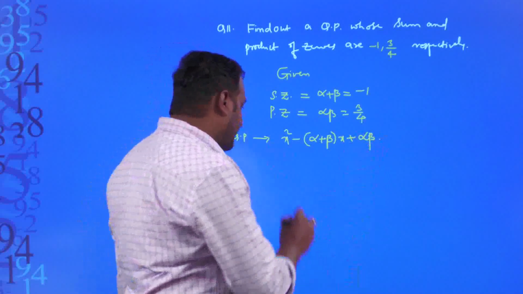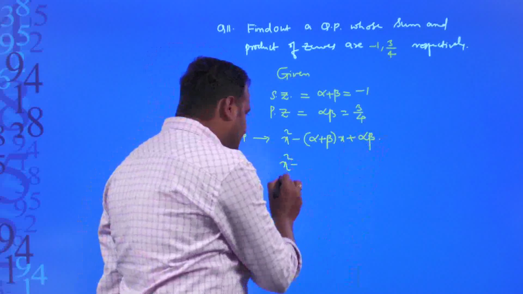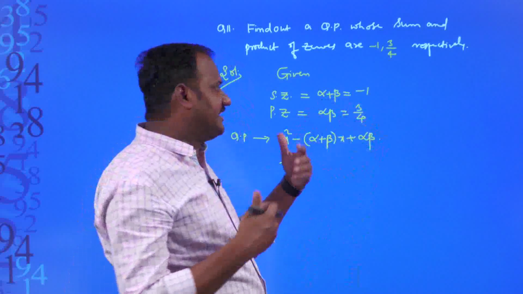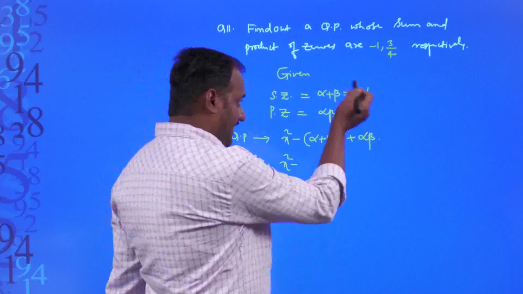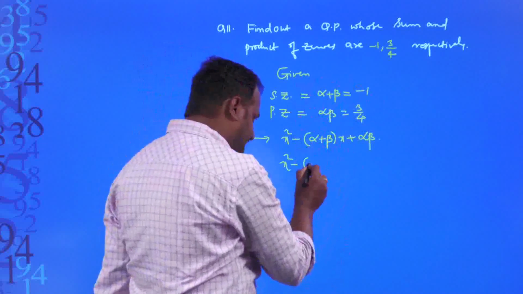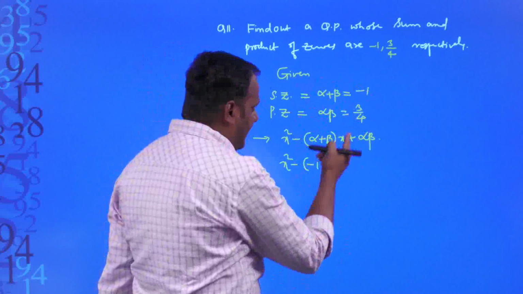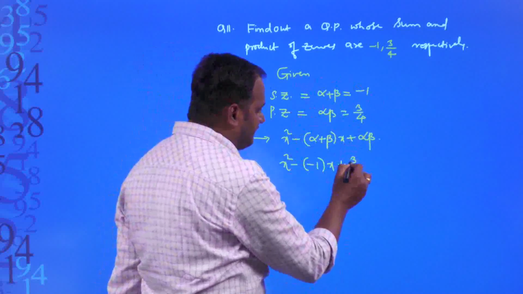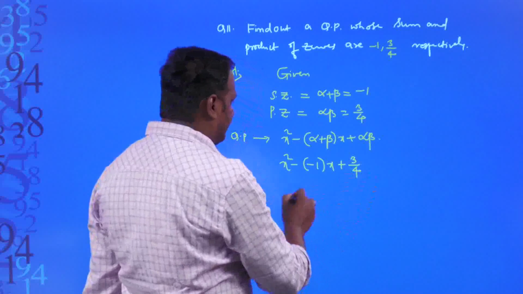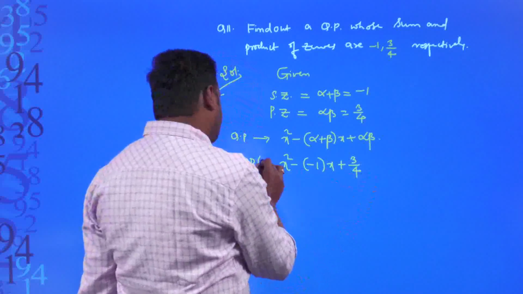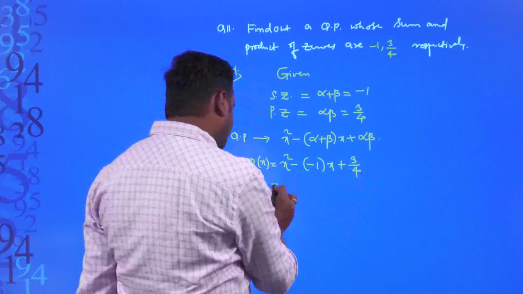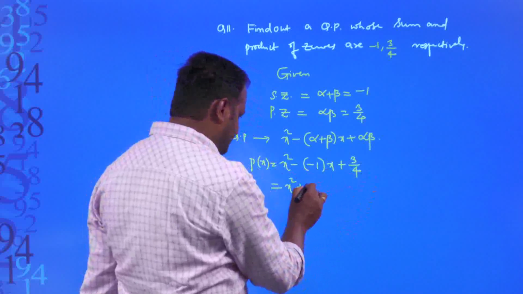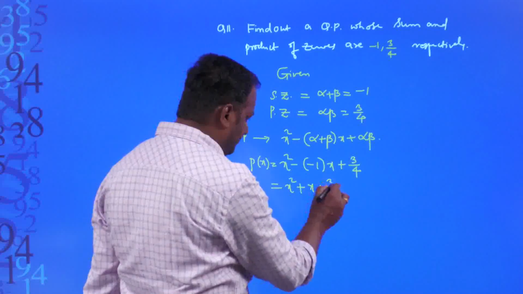Now, alpha and beta are not given individually, but alpha plus beta and alpha into beta are given. So you can directly substitute minus 1 in the place of alpha plus beta and 3 by 4 in the place of alpha into beta. So finally, the polynomial is going to be x square minus of minus 1, which is plus 1, into x, which is x, plus 3 divided by 4.